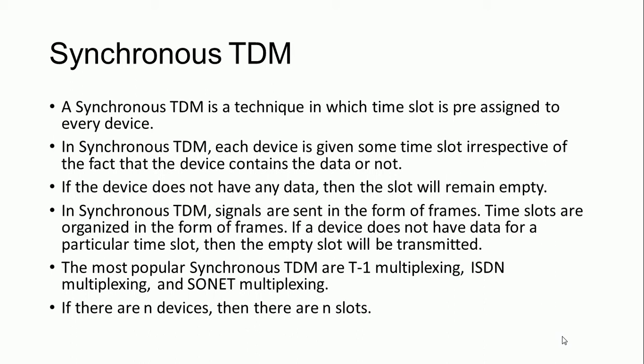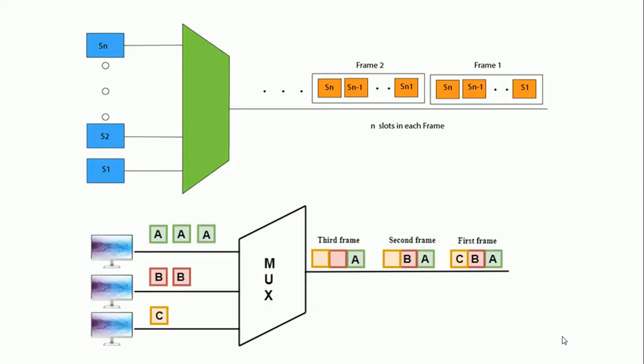In the case of synchronous TDM, if there are n devices, then there will be n slots available for transmitting the data. In the diagram here we can see that in this technique, the multiplexer accepts the input, then the frames are created, and in those frames multiple devices are given various time slots.